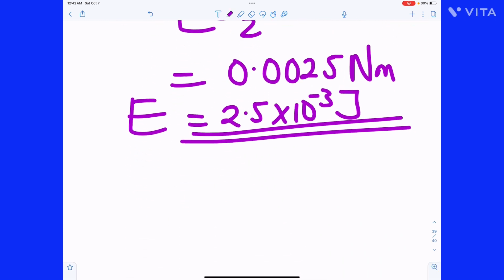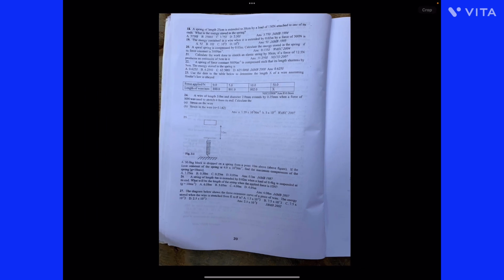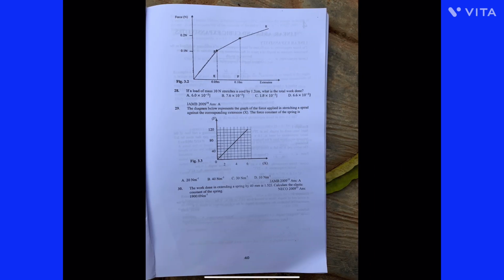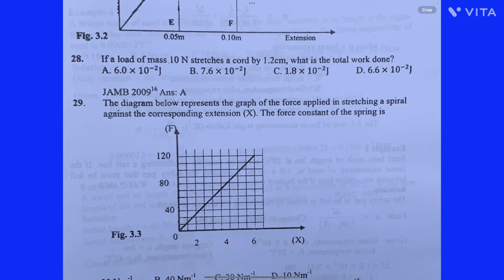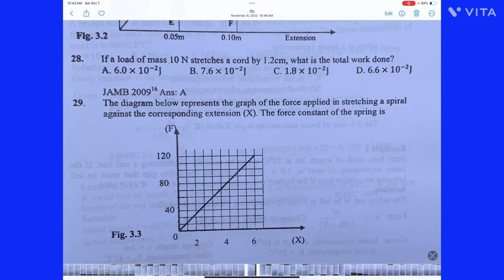All right, that's question 27. Question 28 now. Question 28 says if a load of mass 10 newtons stretches a cord by 1.2 centimeters.